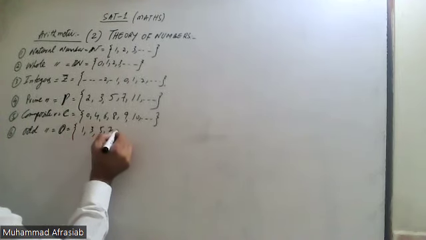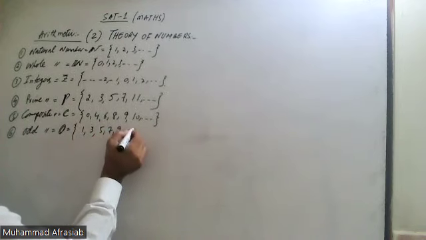Then you have the list of odd numbers, which is denoted by O. So that is 1, 3, 5, 7, 9, and so on.